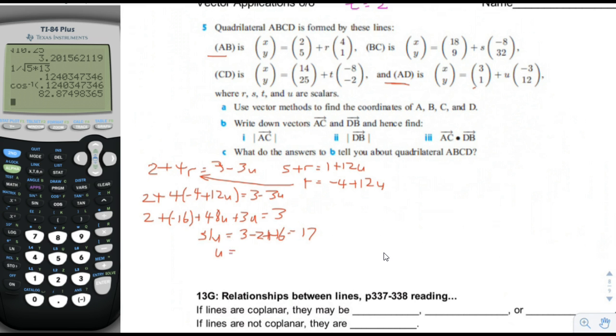So u is equal to 17 divided by 51, I think is 2/3.